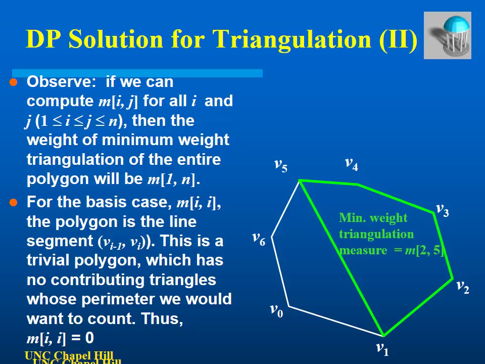And that's a line segment, namely the line segment v sub i minus 1 to v sub i. This is a trivial polygon. It has no area.